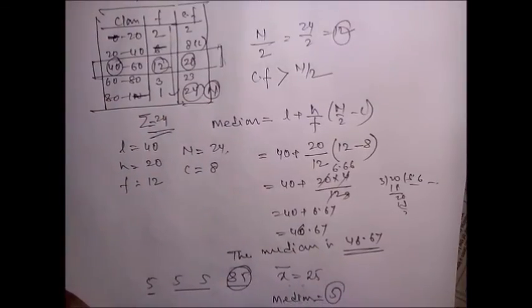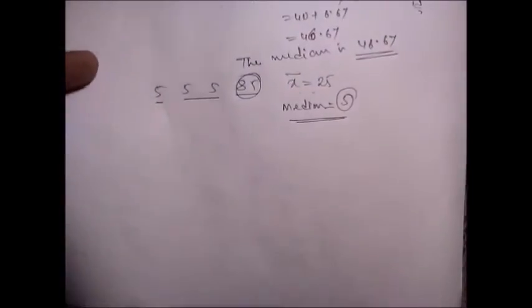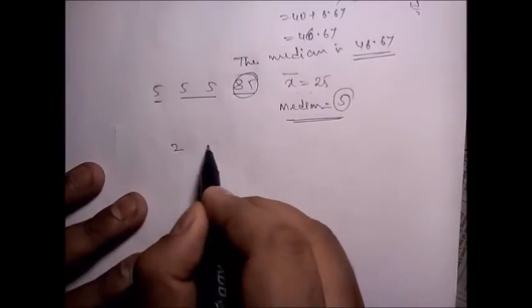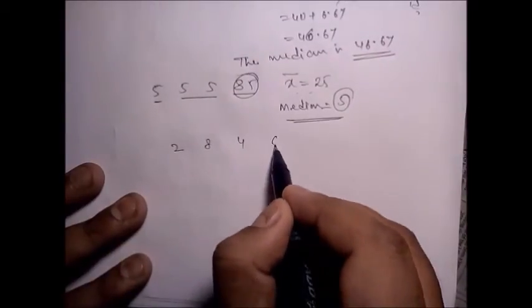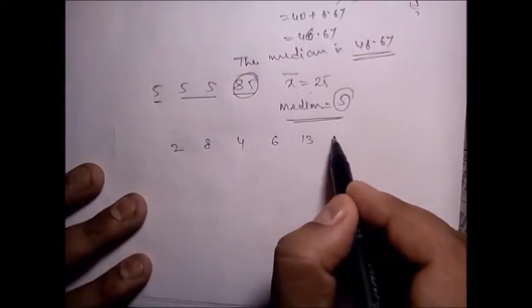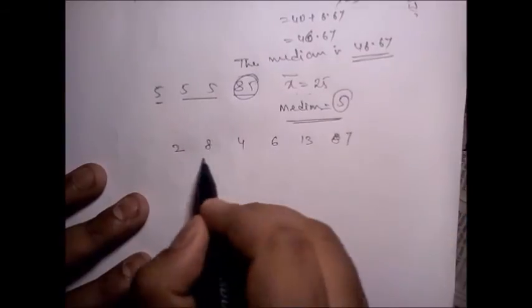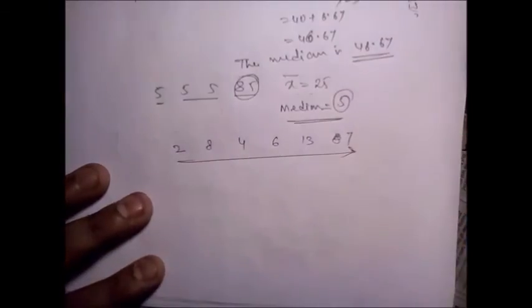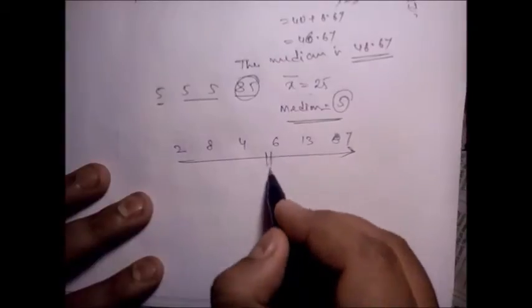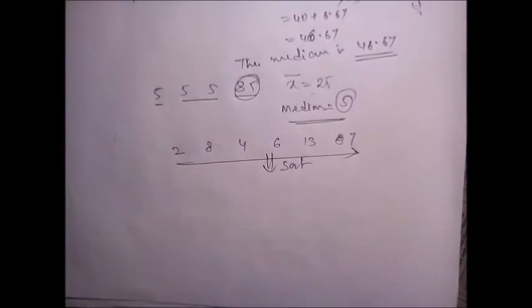Another demerit is that sorting is required. If raw data are there, say 2, 8, 4, 6, 13, 8, 7, first of all you have to apply sorting, and then you can find the median.